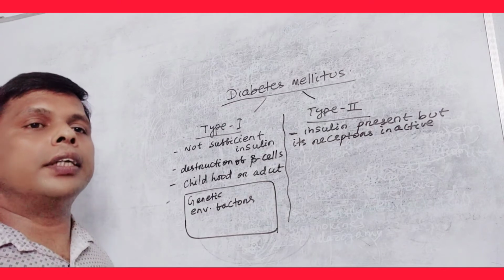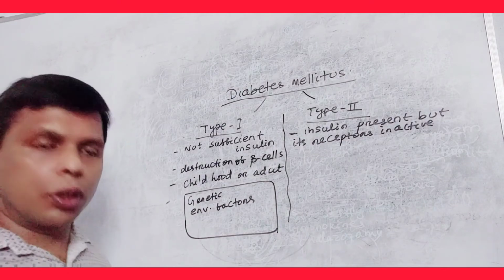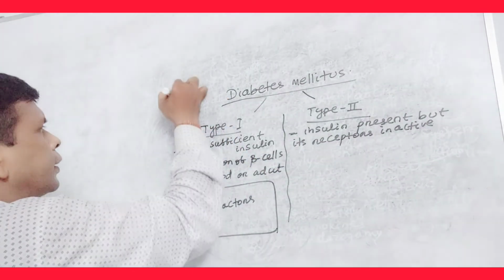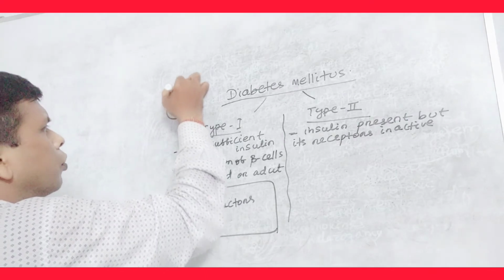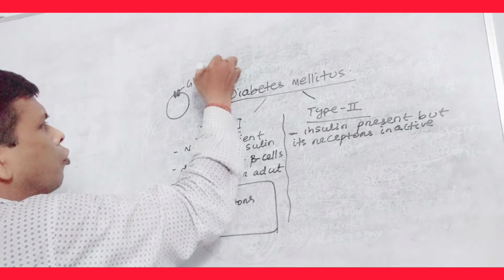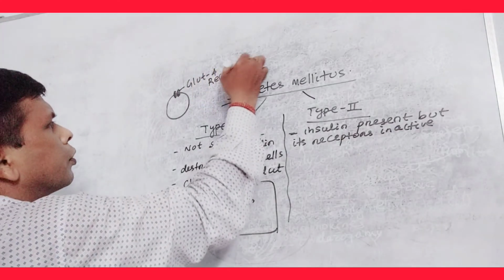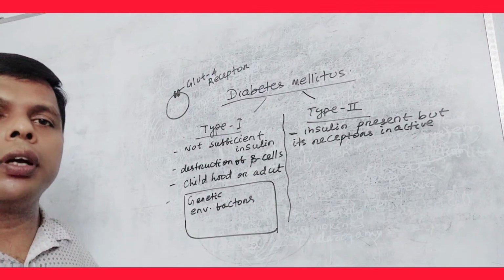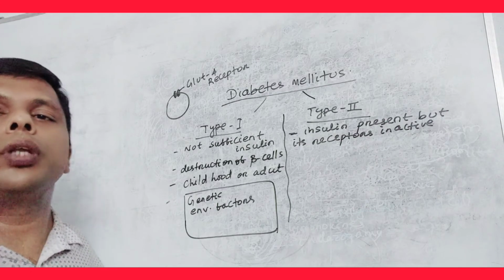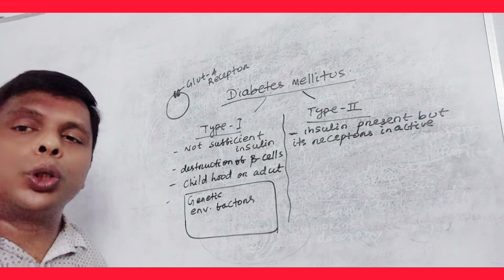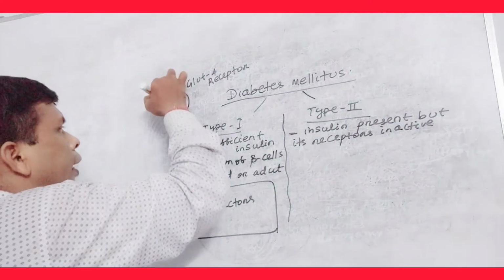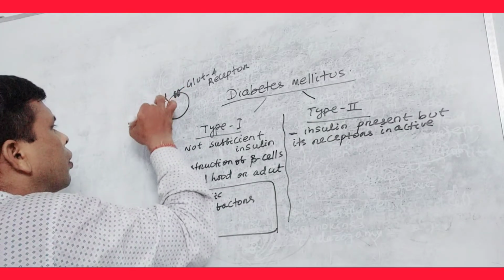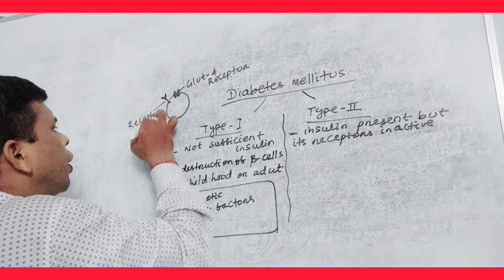Remember, there is a GLUT4 receptor. Suppose this is a cell. This cell consists of a GLUT4 receptor. The GLUT4 receptor binds with insulin so that it can allow glucose to enter the cell. There is a receptor of insulin here.